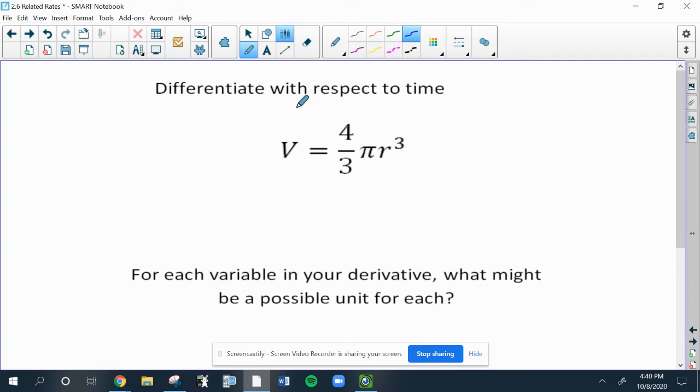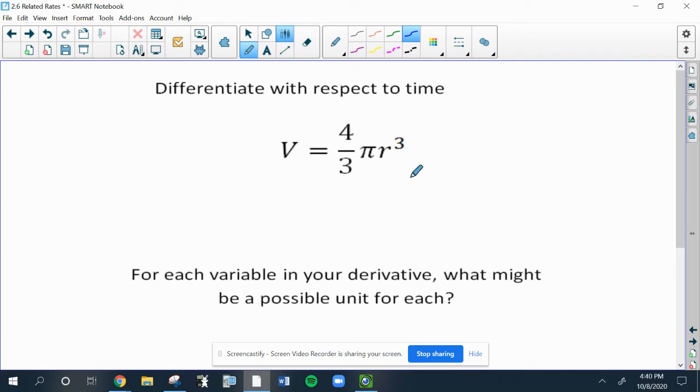So here's an introduction to where we actually have a quote unquote real world problem. If you recognize this equation, it's the volume equation of a sphere. So say for some reason the sphere is changing its volume.